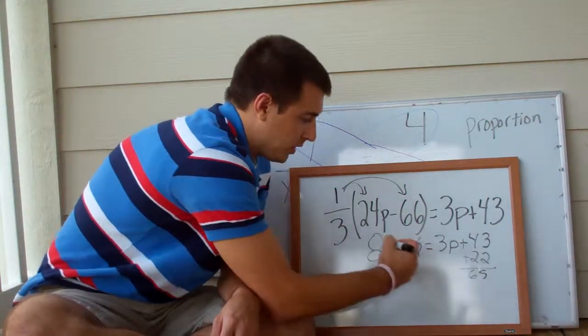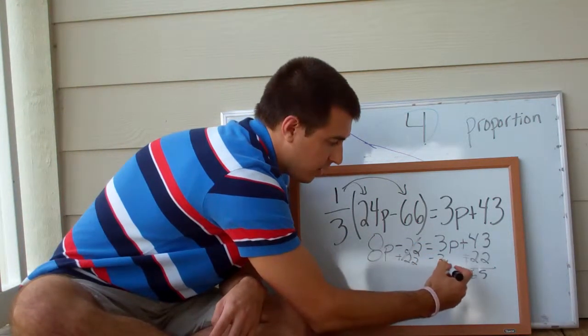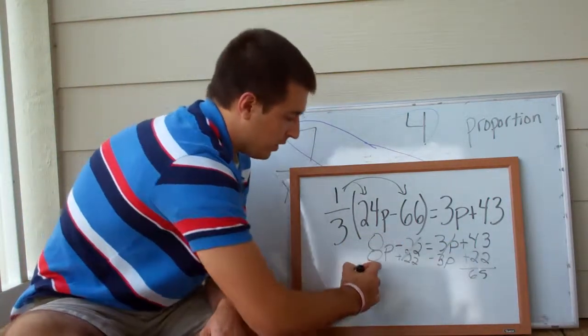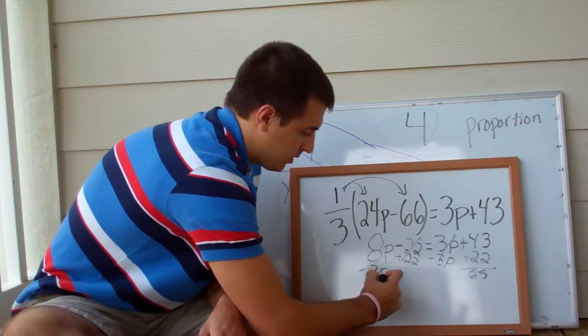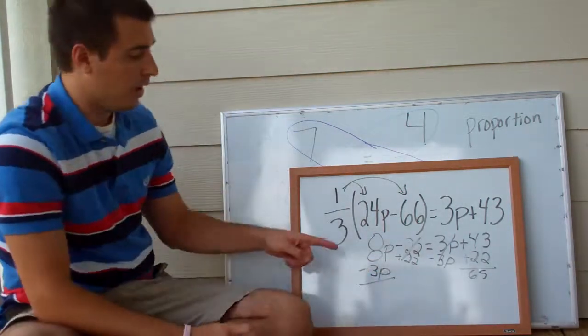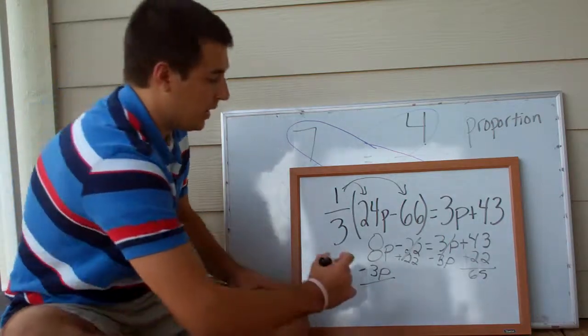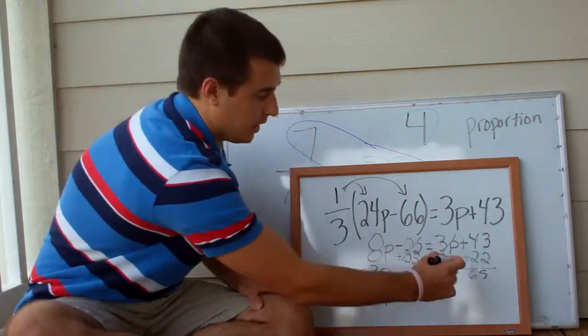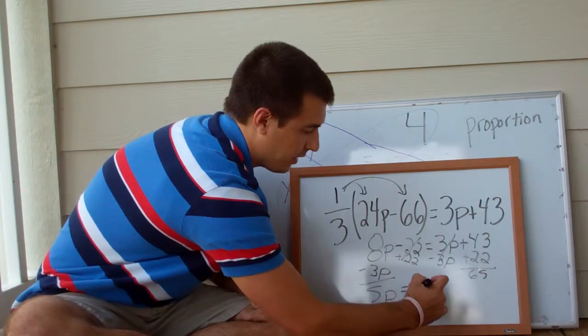Then we want to get this p over here, so we're going to subtract 3p there. That'll cancel, and we're going to do the same thing over here. So 8p minus 3p would give us 5p equals 65.